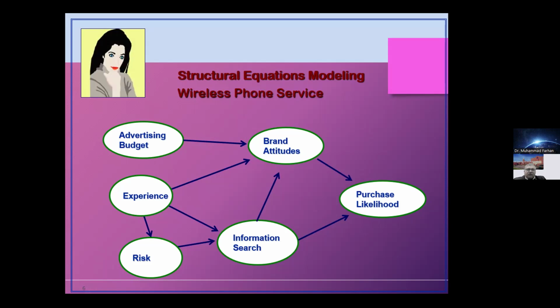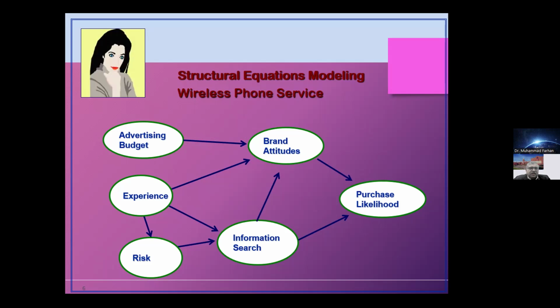Here, all the arrows start somewhere and end somewhere, but the ultimate outcome variable, purchase likelihood, is going to be the dependent variable. Some variables are intermediate variables, which are better known as the mediating variables.